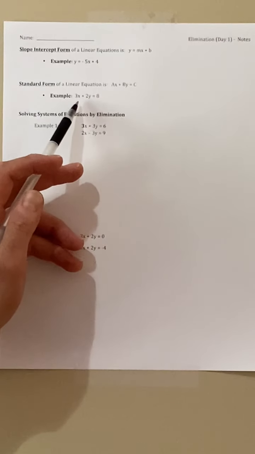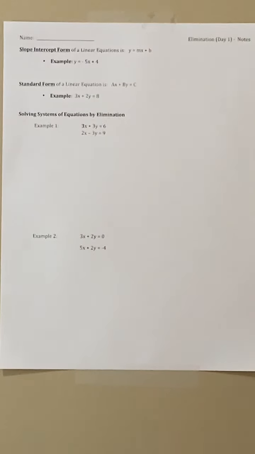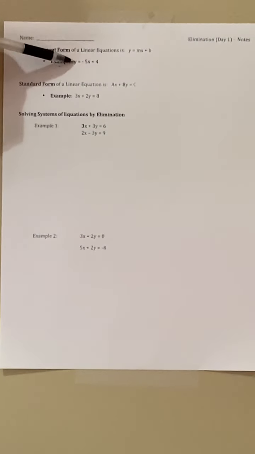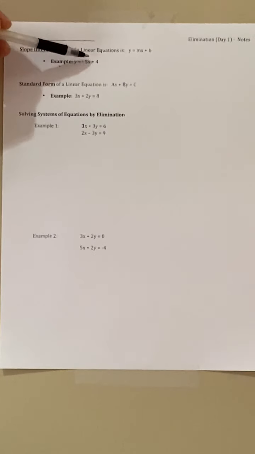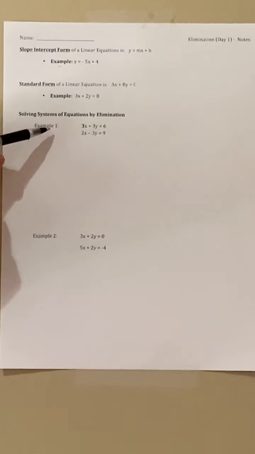So an example here is 3x plus 2y equals 8. So that is standard form versus what we had before, slope-intercept form, where we have y equals mx plus b. So today we're going to be looking at how do we solve a system of equations where both equations are in standard form. Let's look at example 1.